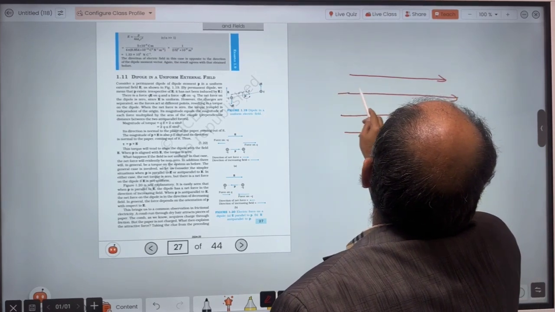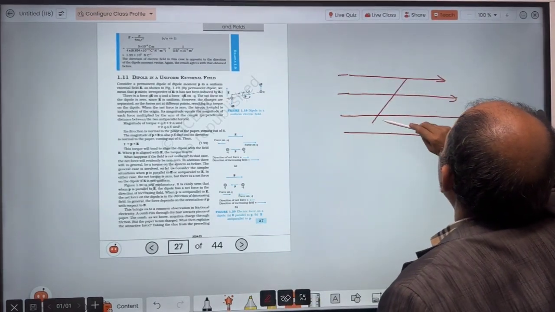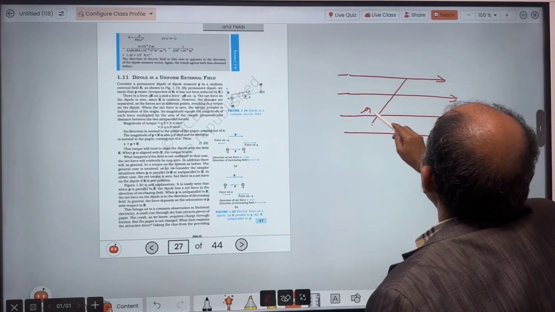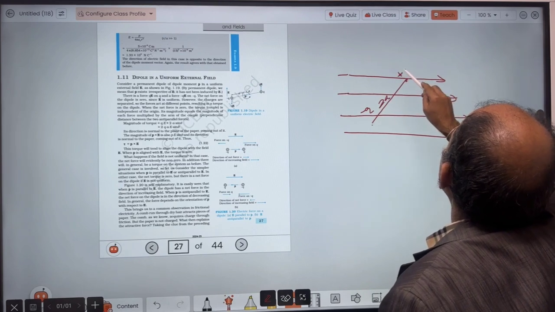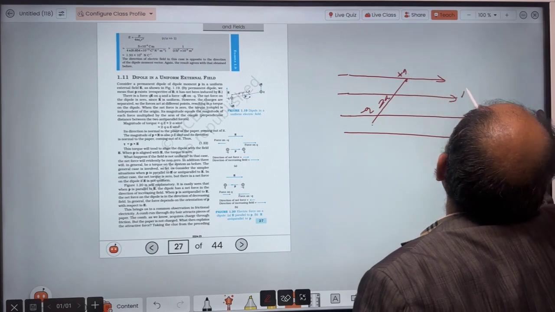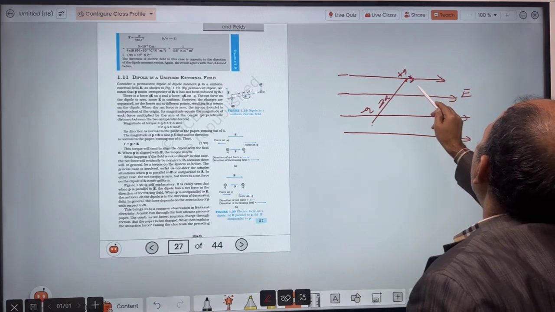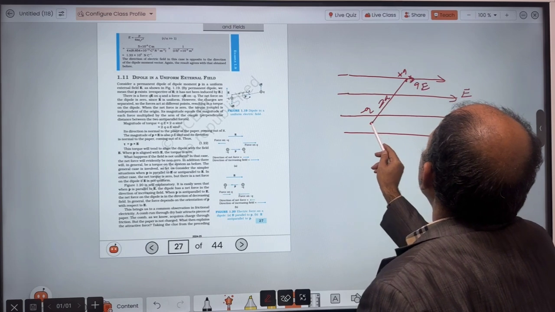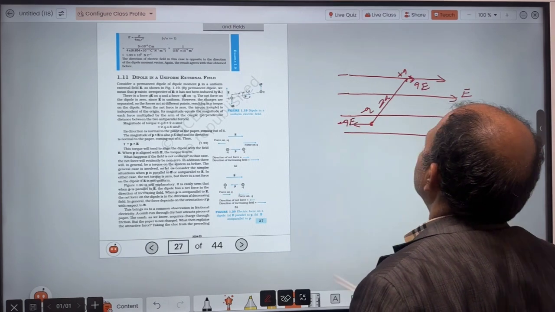And here, if you place any dipole, suppose this is minus q charge here, this separation is 2a, and here there is plus q charge. Then electric field is directed like this. So on positive q charge, force qE will act in this direction. On negative q charge, force minus qE will act in this direction.